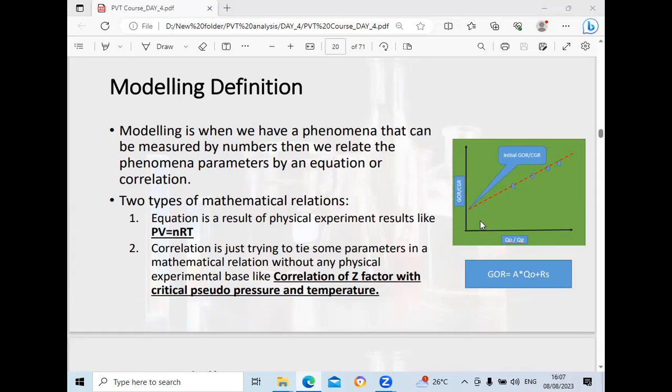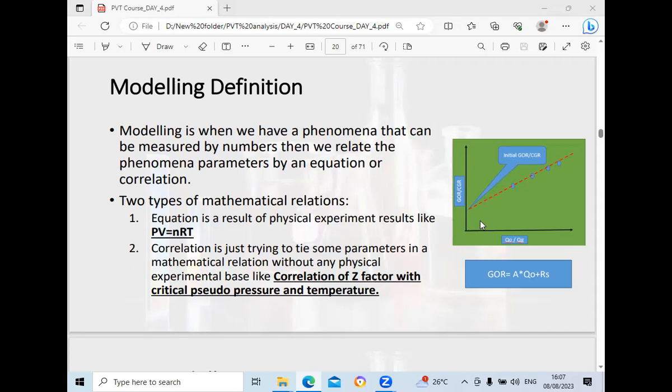That's what we mean by modeling in terms of PVT data. Now, generally when we talk of a model, it is just a picture of the reality. How we can produce something that looks exactly like the reality. It is just like a photocopy.